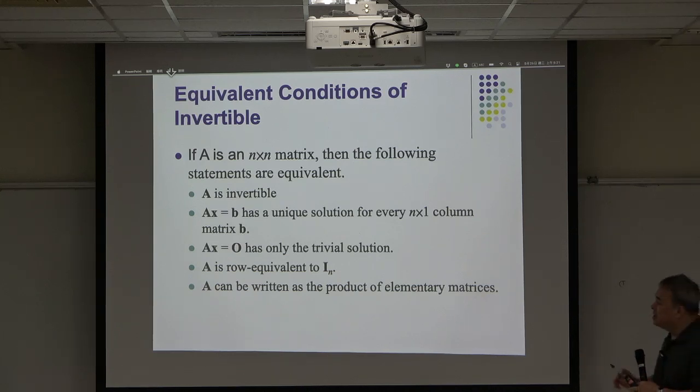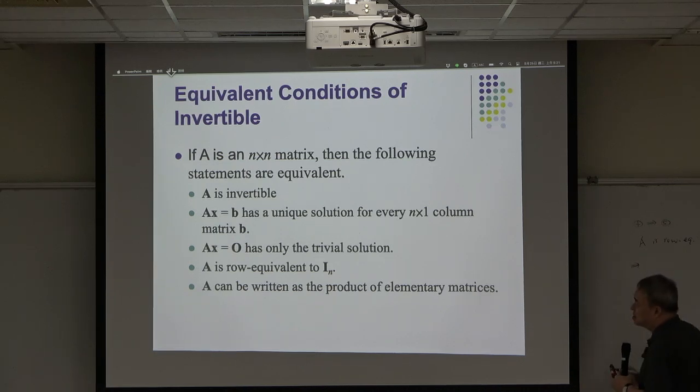So if A is row equivalent to I_n, okay, from 4 to 5. Okay, so A is row equivalent to I_n. That means what?